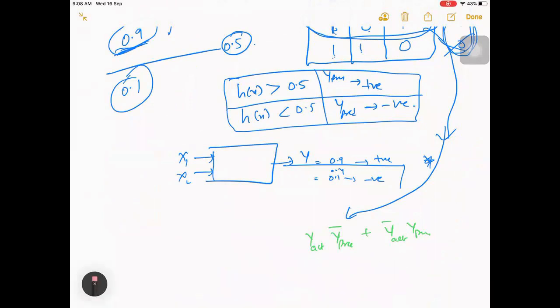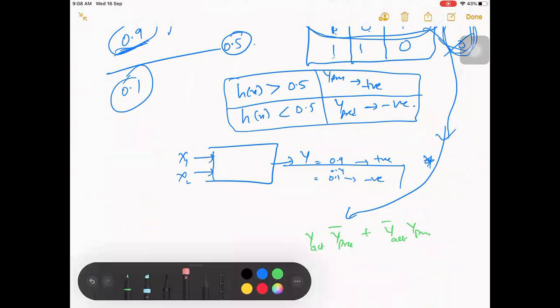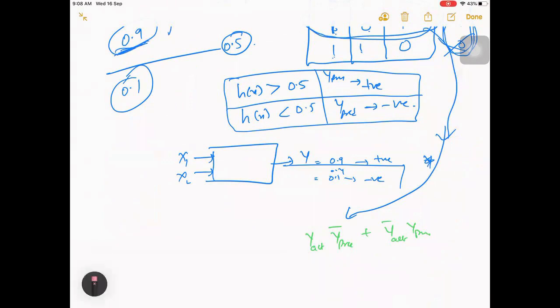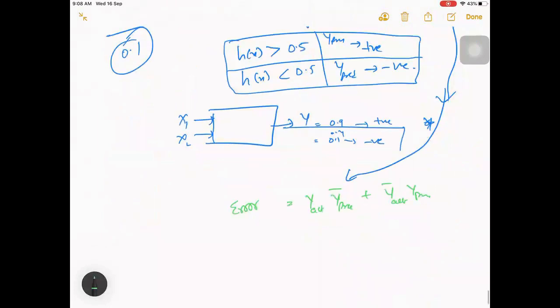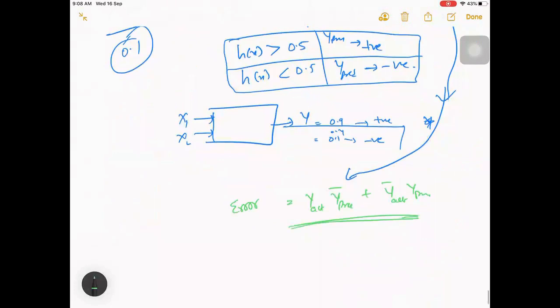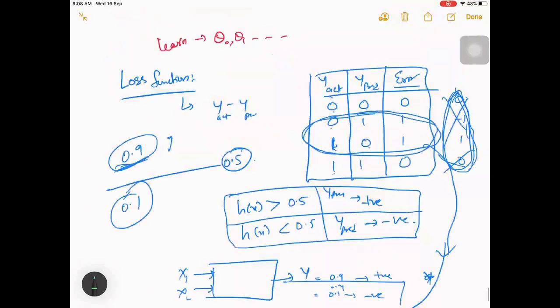So that is what comes from the truth table. Our loss should also be, this is what we are talking about, error. Error is something like this. But we enhance this model. How we will enhance it is that the prediction is now not just zeros and ones.